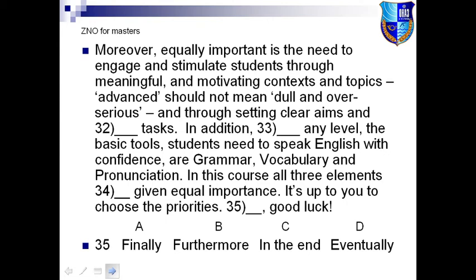Furthermore wants to be continued. It can be somewhere in the middle of the letter, but it cannot be at the very end, because furthermore means there is another argument or one more thought, but not in the last sentence.